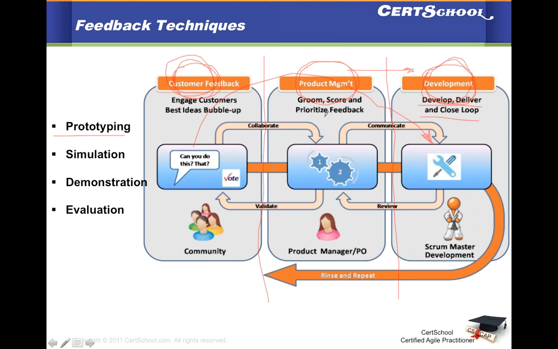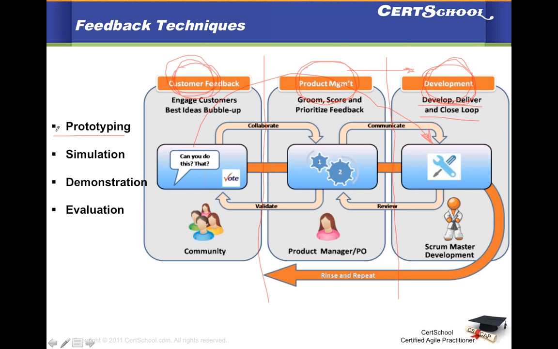Okay, this diagram shows it in a way that there are walls between development and customer. Okay, it is not always true. The more agility that you achieve, you will see that these walls come down. Okay, and there's much more seamless communication even between customer and development.